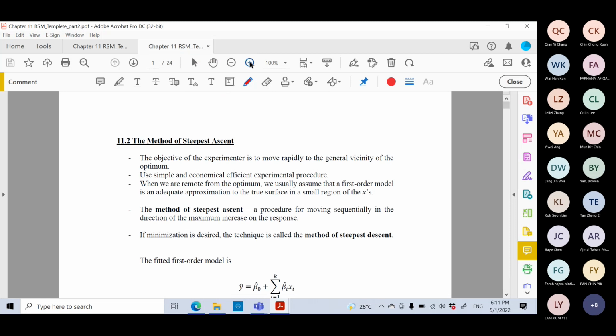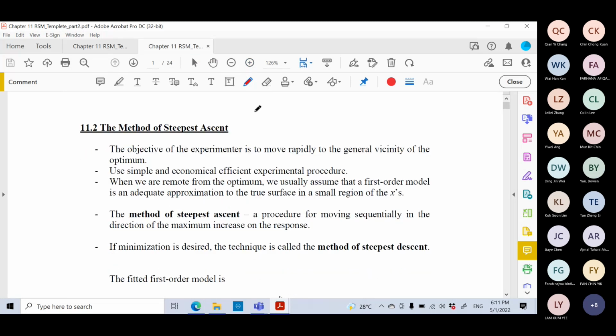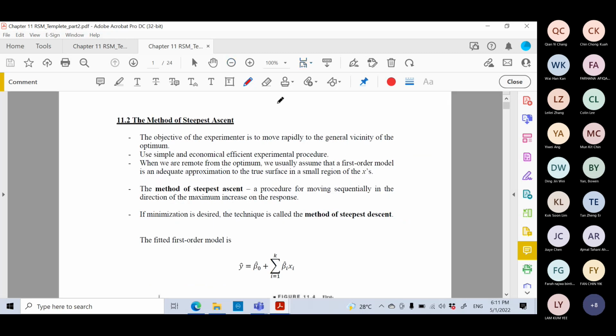So today we will continue with the response surface. Under the response surface, we are looking to locate the maximum and the minimum points. So how are we going to locate the maximum or the minimum? We call it the method of steepest ascent.